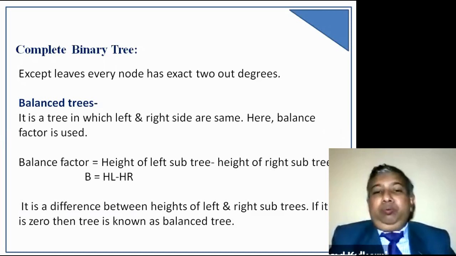To find out balanced trees, we have to use balance factor. It has a formula. Balance factor is equal to height of left subtree minus height of right subtree. It is the difference between heights of left and right subtrees. If it is 0, then the tree is known as a balanced tree.